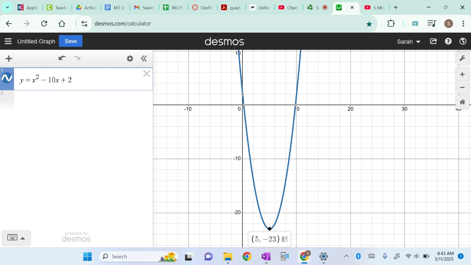So remember, your vertex will either be the lowest or highest point. So if it looks like a U, it's a lowest point. If it looks like an upside down U, it's the highest point.